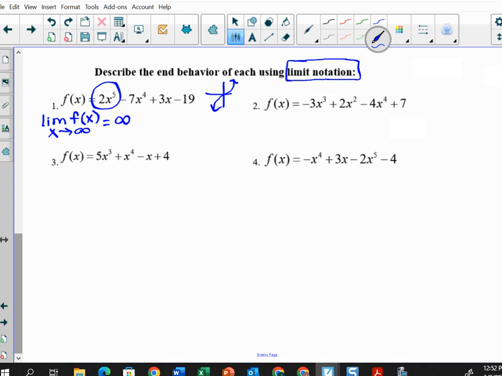And then we're also going to write the limit of f of x as x approaches negative infinity. What would you tell me for that one? Negative infinity. Okay. How do we know it does? What's the degree? Okay. What do all odd functions look like? Yeah, weird stuff can happen in the middle. It doesn't matter.